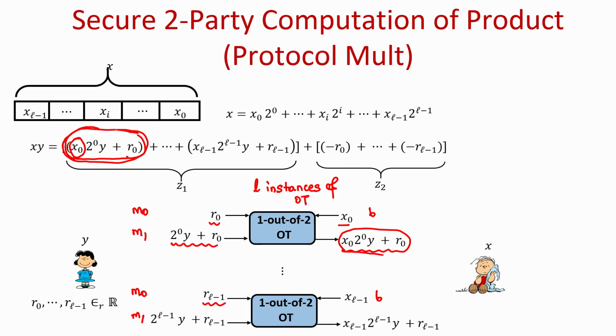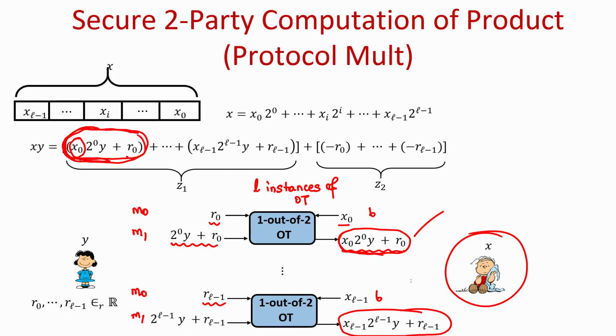That means we have ensured that in this Z1, which we are trying to compute, whatever is this highlighted thing will now go as an output of the OT as a receiver to this owner of X. And in the same way, if I focus on the last OT instance as a receiver, he will obtain this value. So, now what does the owner of X have to do?